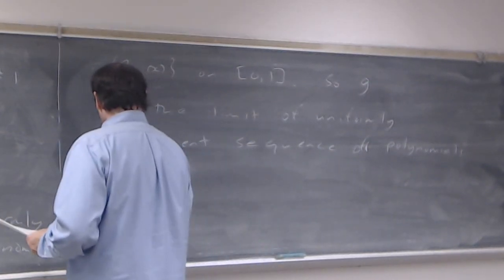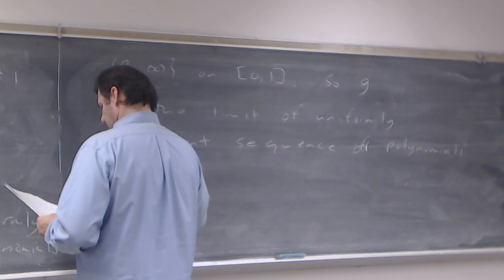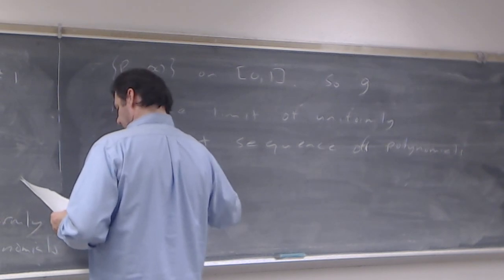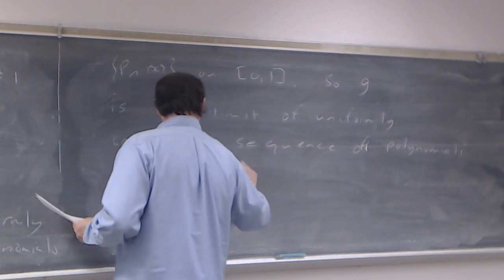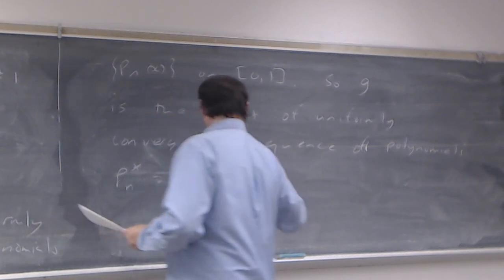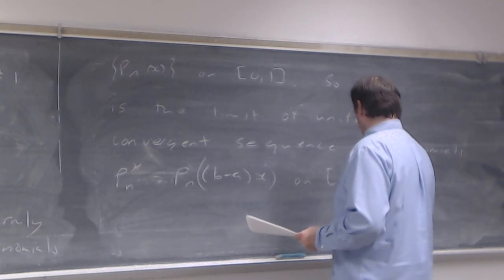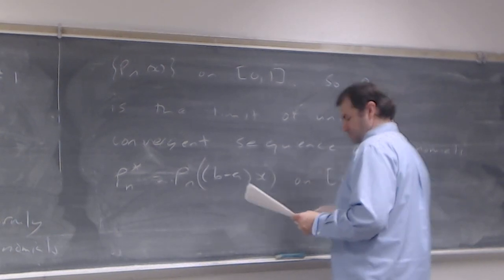I'll call it P sub n star, equal to P sub n evaluated at (b minus a) times x, on 0 to b minus a.